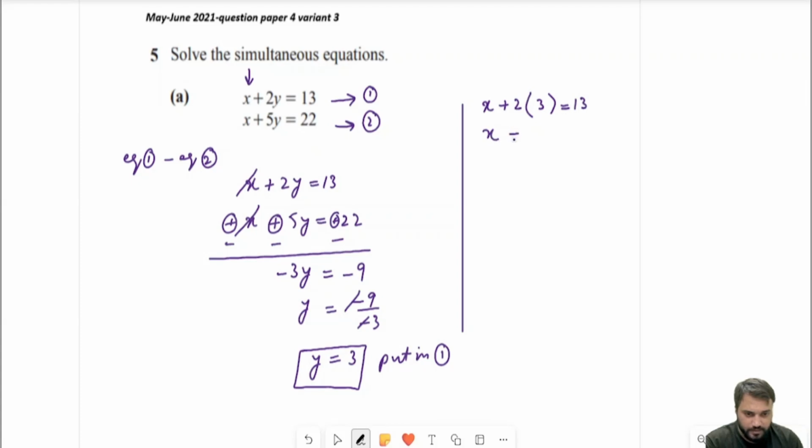So x + 6 = 13. It will be 13 minus 6, so x is equal to 7. You can verify by yourself. It is not the demand of the question, it's up to you if you do it or not.